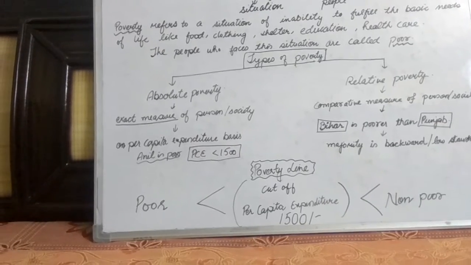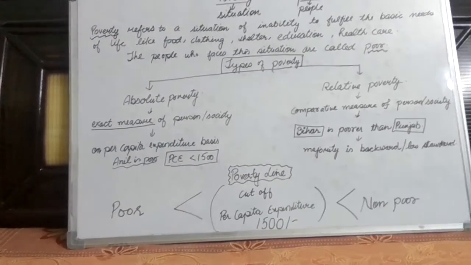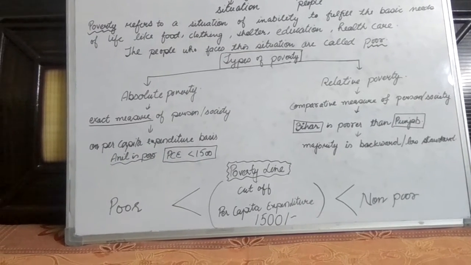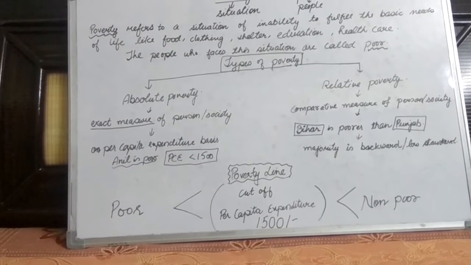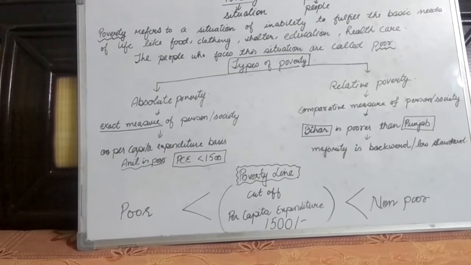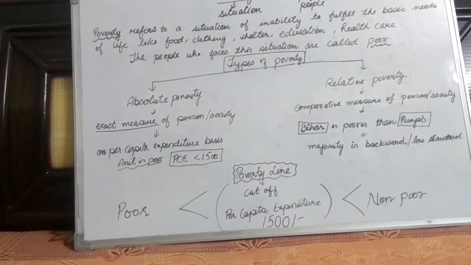The second type is relative poverty. It is called a comparative measurement of a person or society. When we compare two persons, two situations, two classes, two countries, states, and others, it is termed as relative poverty.